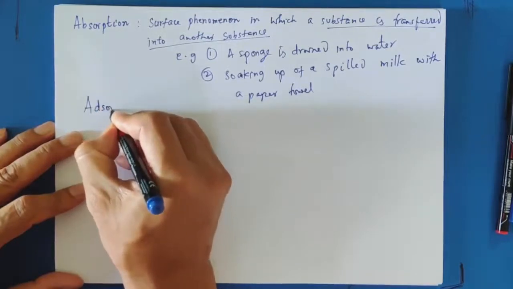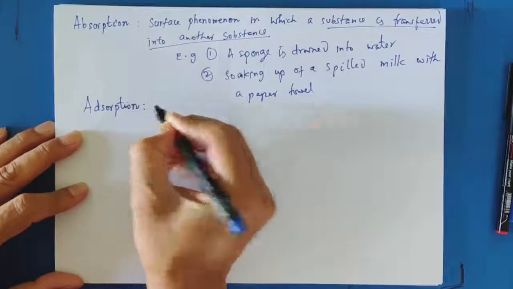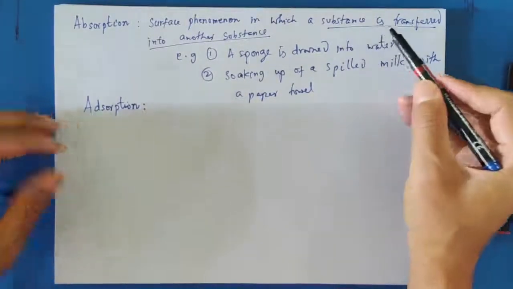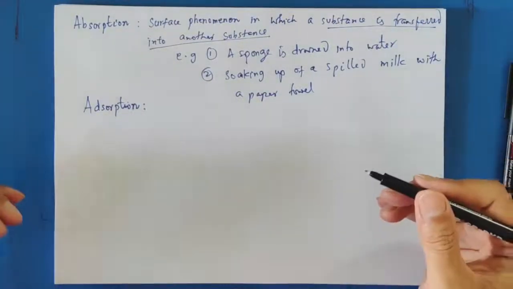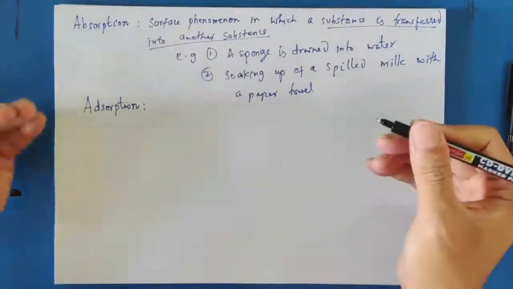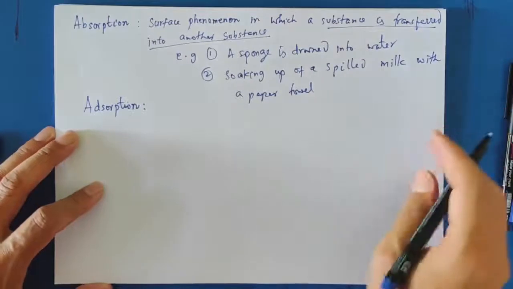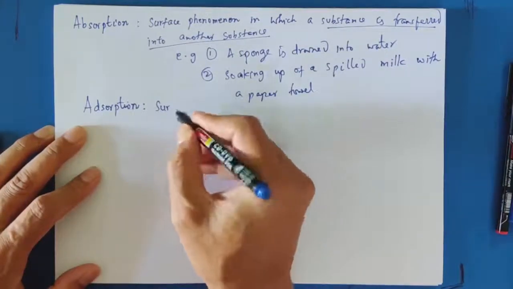Now what is adsorption? In absorption, a substance is transferred into another substance, but in adsorption a substance is attached or deposited on the surface of another substance. So define it: what is adsorption?